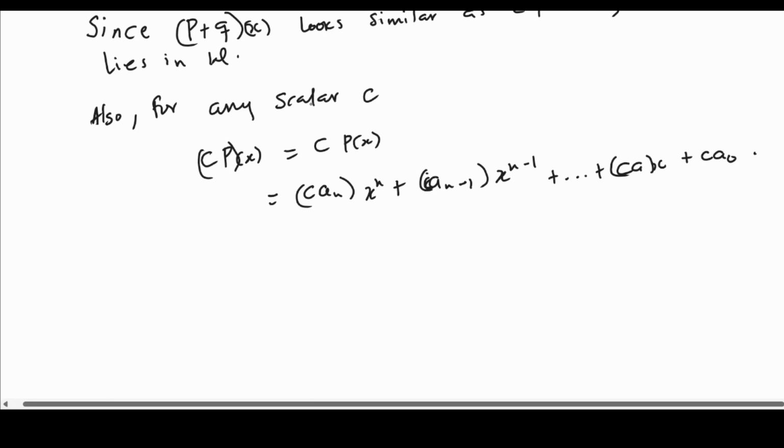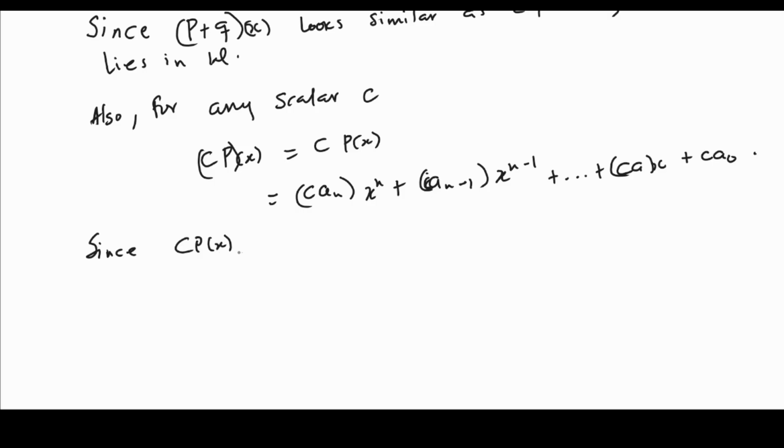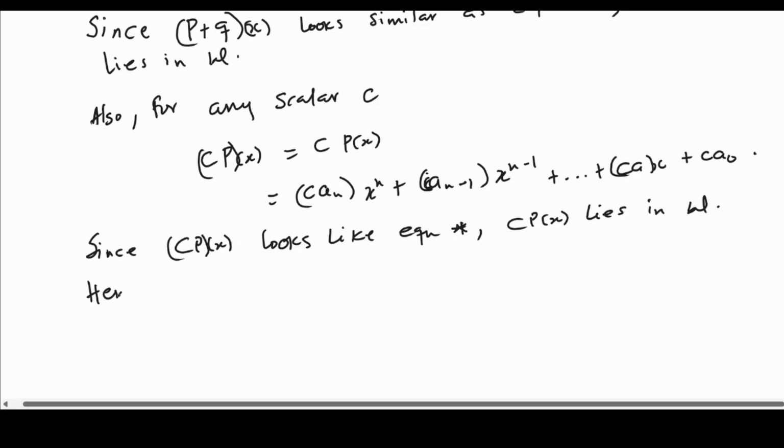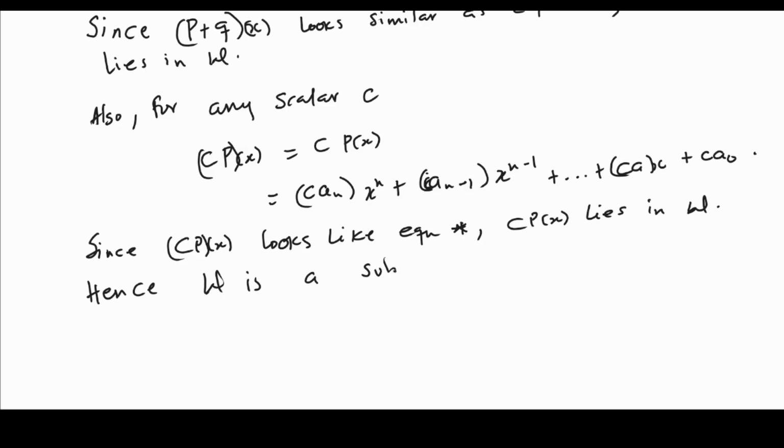So since it looks like that, we can also say that since c p of x looks like equation star, then we can say that c p of x lies in W. Hence W is a subspace of the real valued functions.